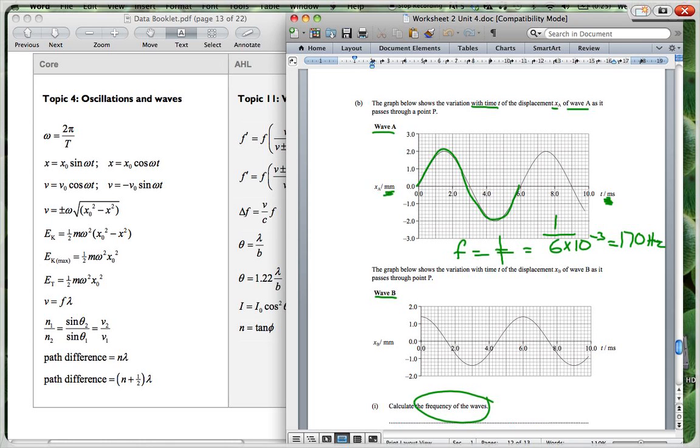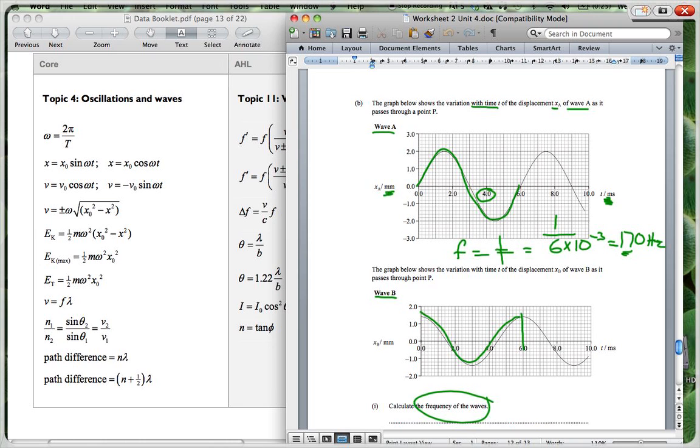Again, you've got two significant figures, so we've got our two significant figures there. And it's the same here for wave B, because also 6 milliseconds is for one full wave.